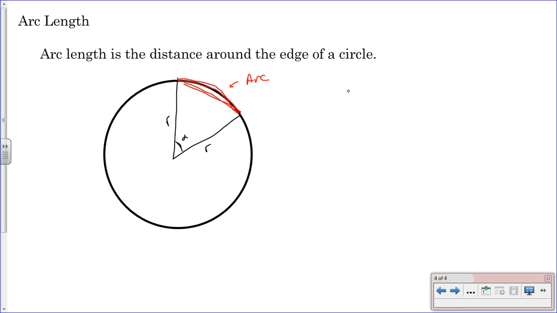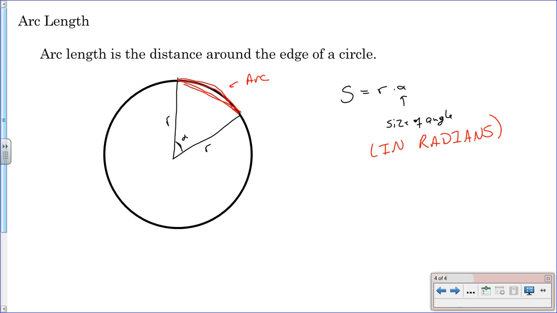Now, the formula for arc length: S equals the radius times alpha. Remember, alpha is the size of your angle. But the important part here is it has to be in radians.